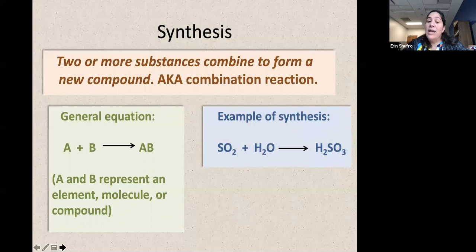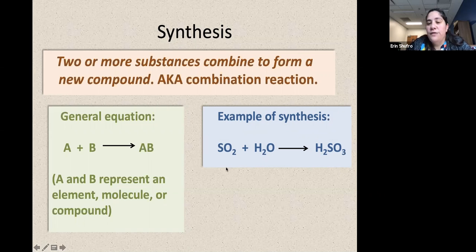An example of a synthesis is sulfur dioxide plus water gives you sulfurous acid. Sorry, not sulfuric, sulfurous.